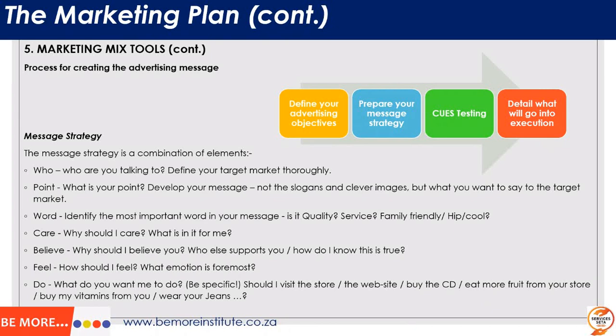Clarity. The next one is that you identify the most important word in your message. Is it quality? Is it service? Is it family? Is it family friendly? Is it cool?